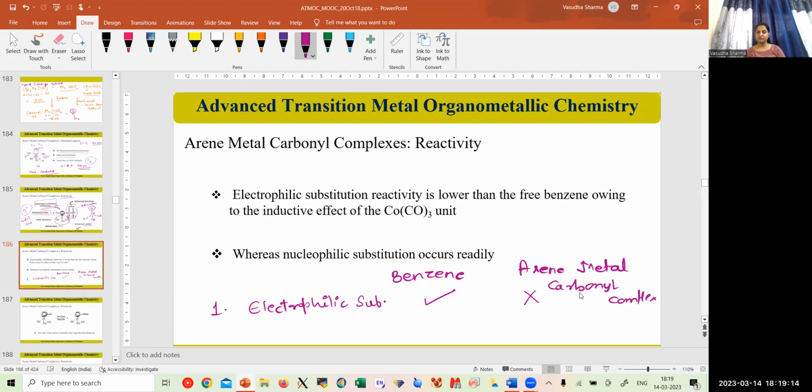Cross does not mean that it does not happen. I'm just talking on the basis of comparison. And if we talk about the nucleophilic substitution, in benzene, it is less compared to the arene which is connected to the metal. The reason being very simple, because when you have a free arene, it would be having more charge density around it.